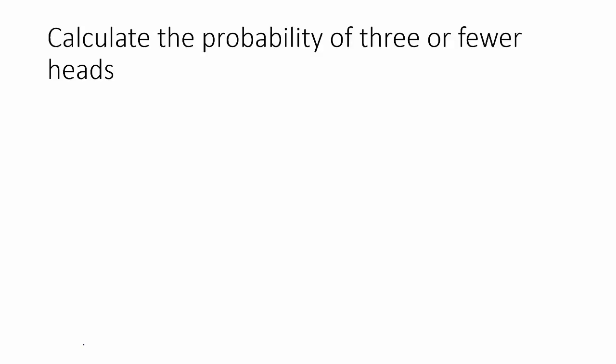Another thing that we're going to need to calculate when we're working with the binomial distribution is not just the likelihood of a certain number of successes, but maybe a range of successes. So in this particular problem, I'm interested in calculating the probability of 3 or fewer. So the probability I'm calculating looks like this.